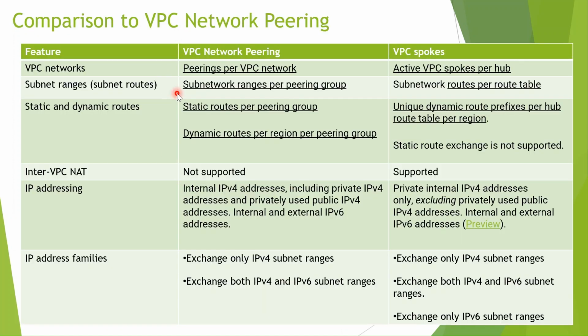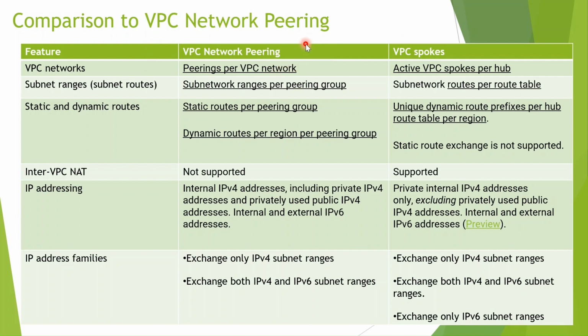So there is some comparison of why to use VPC spokes instead of VPC peering, as both are doing the same thing. But if you don't want so much complexity, like if you have many networks and you want to connect all the networks together so they can reach each other, then go with VPC spokes. But basically it is for large or medium enterprises.